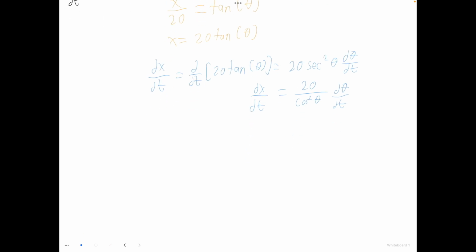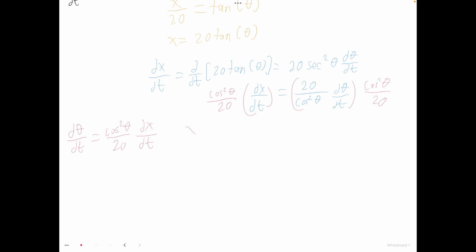So I want to solve for d theta over dt, so I'm going to multiply both sides by cosine squared of theta over 20. So then what we've got here is d theta over dt is equal to cosine squared of theta over 20 dx over dt.